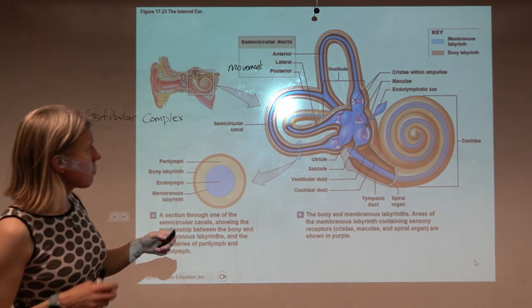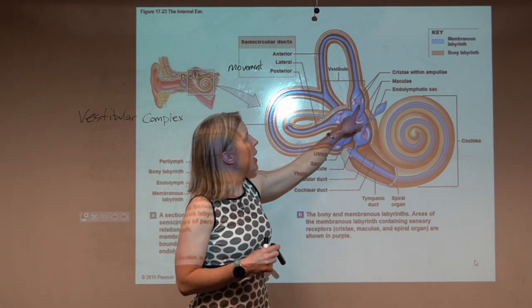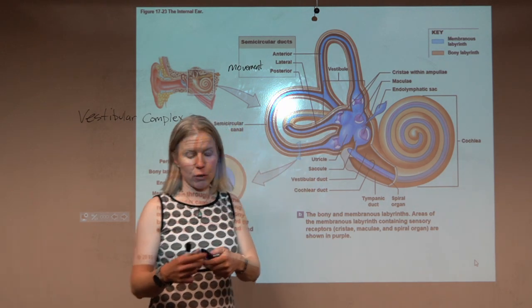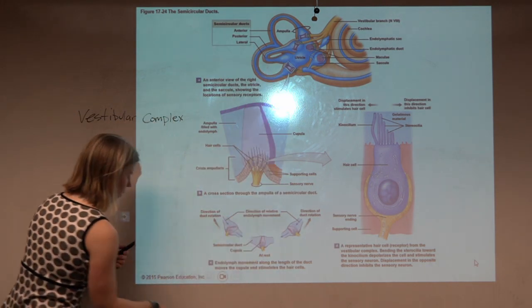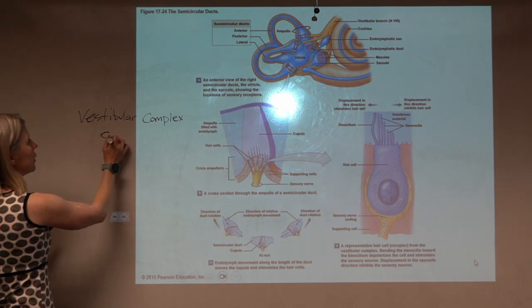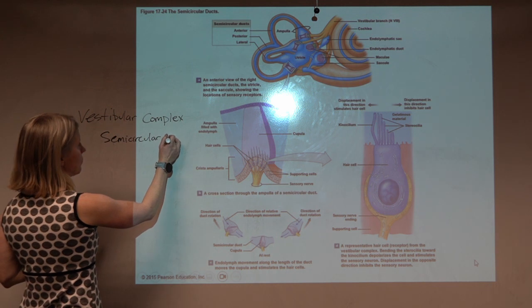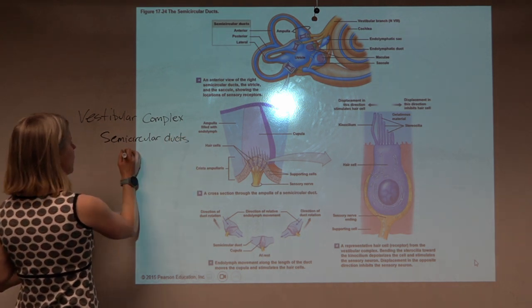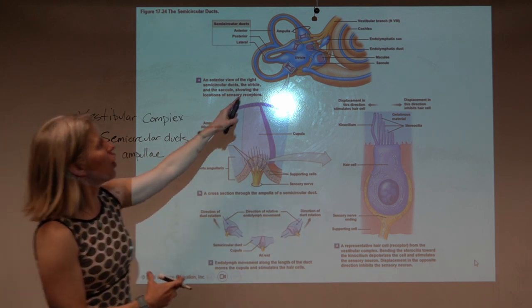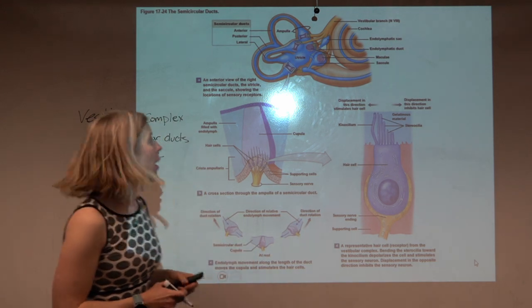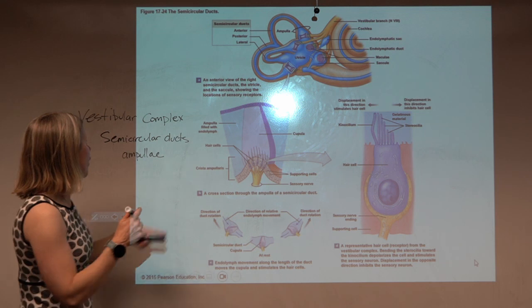So really fascinating that we have this setup where we can learn about movement in those multiple directions. So basically what happens in the semicircular ducts, you have this fluid. At the base of each of these ducts, you have this enlargement called the ampulla, and within the ampulla, that's where the actual receptors, the actual hair cells, are.